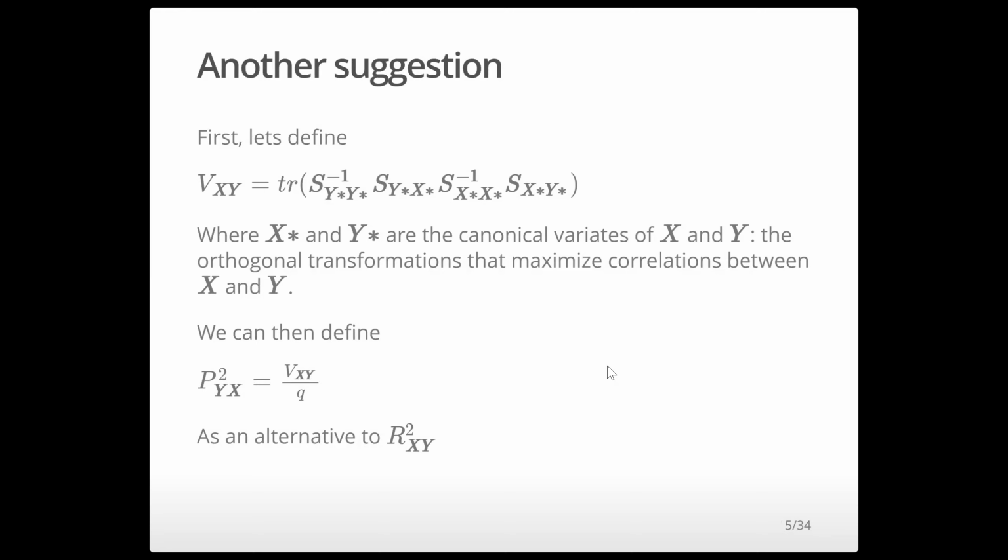So that's one possibility for an R squared alternative in multivariate regression, but there's another one that we're going to look at. First, we're going to define Vxy as the trace of this combination of covariance matrix slices.